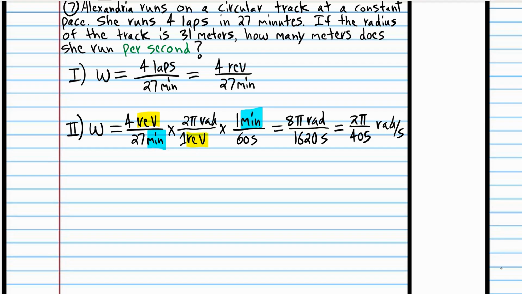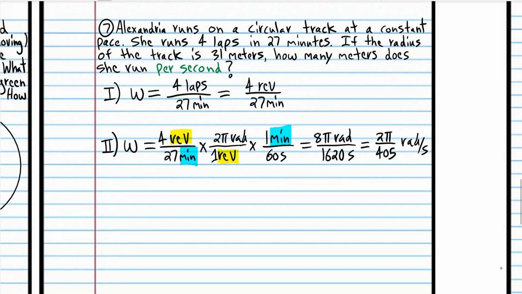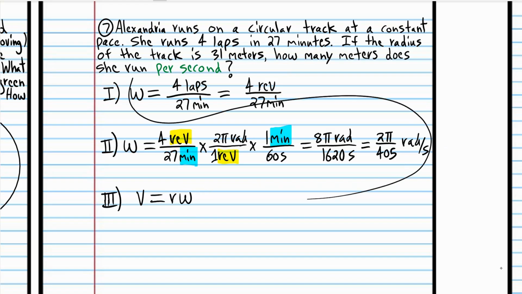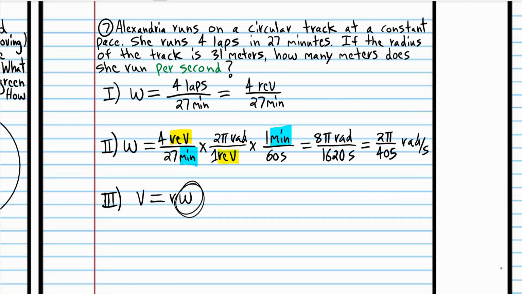Okay, so now we have the angular velocity. Now we can go on to step 3. Her linear velocity is equal to the radius of the track times omega, and we cannot use omega unless we have radians, and because our answer should be meters per second, we need the angular velocity in radians per second, so that's why we did all that. So the radius of the track is 31 meters, and the angular velocity is what we found in the previous step.